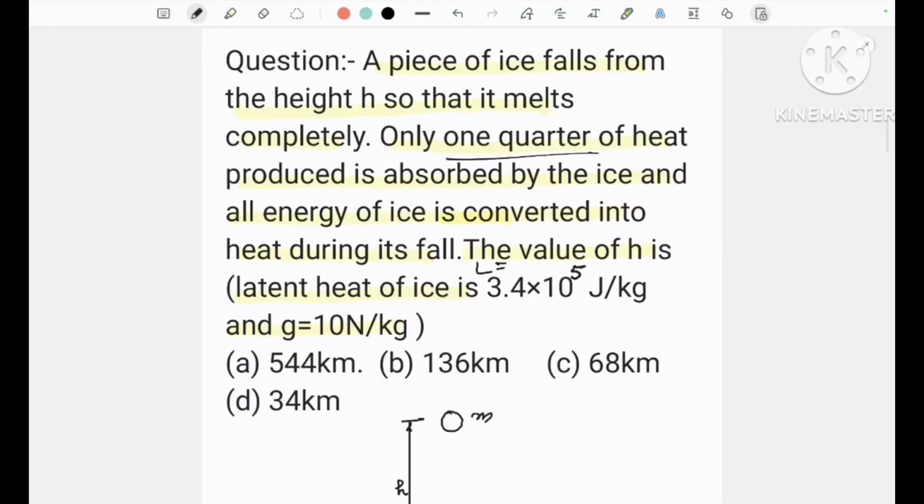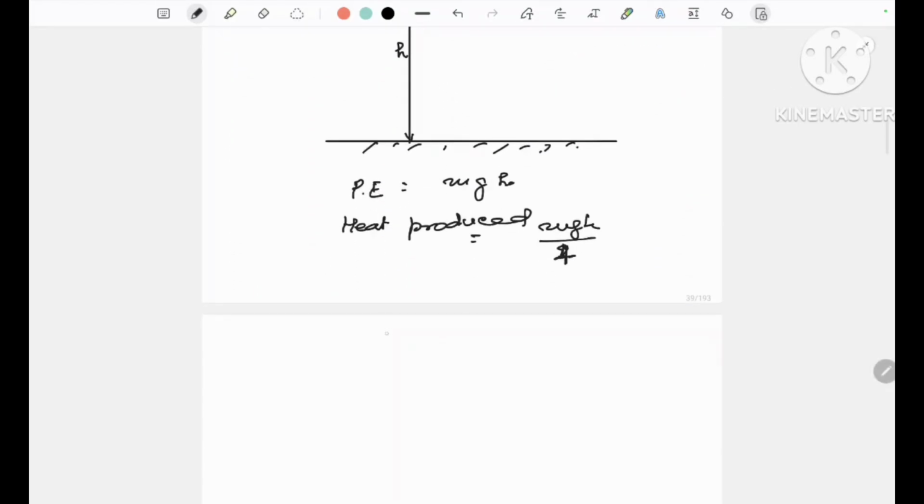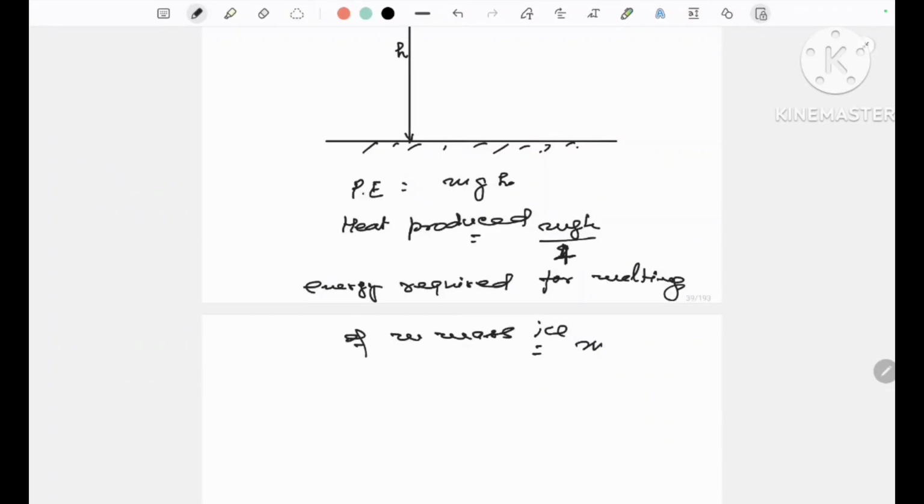After ice melting, the energy required will be m into L. So the energy required for melting of m mass of ice is m into latent heat.